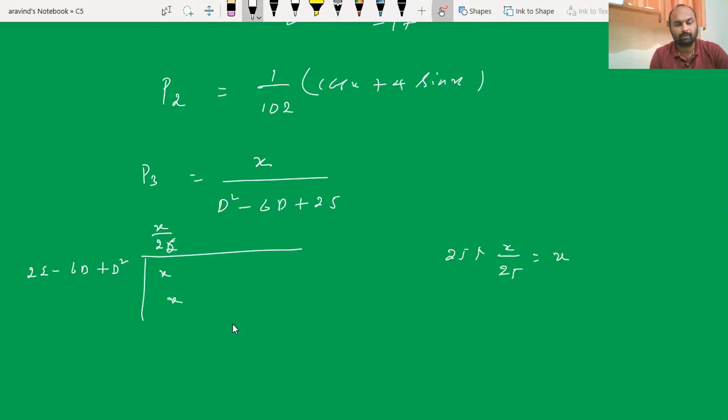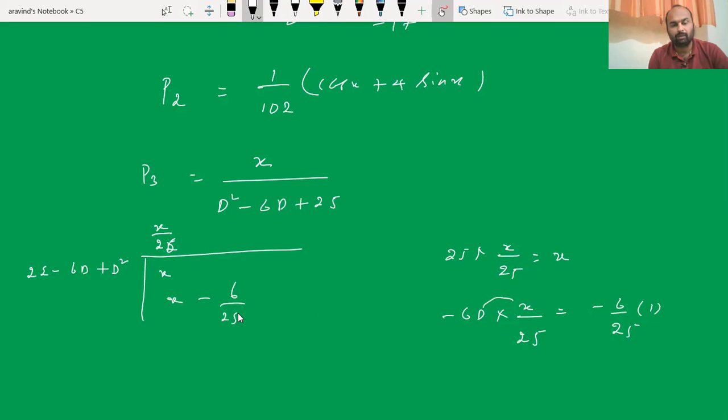So we'll get x. Then minus 6d into x by 25. So it will be minus 6 by 25 into the derivative of x, which will be 1. So we'll get minus 6 by 25. Then d square into x by 25. So the derivative of x is 1, the derivative of 1 is 0, so it becomes 0.